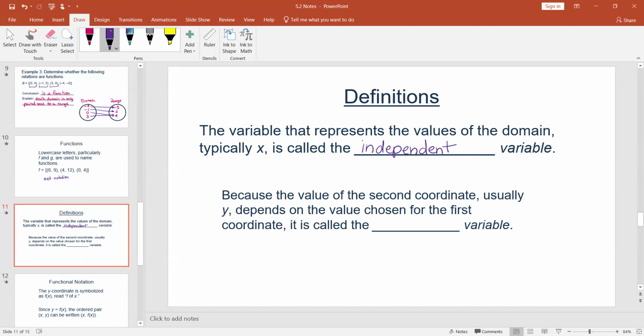Because the value of the second coordinate, usually y, depends on the value chosen for the first coordinate, it's called the dependent. Like, for example, going back to our lesson opener, we would not know that the second one is a puppy unless we knew the first symbol in the ordered pair was a dog. A dog determines that the offspring is going to be a puppy. A cat determines that your offspring is a kitten.